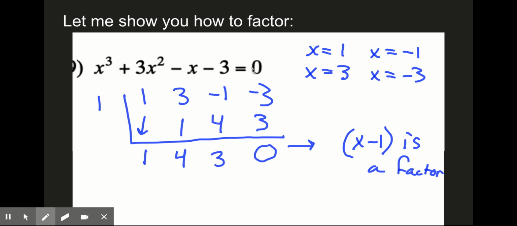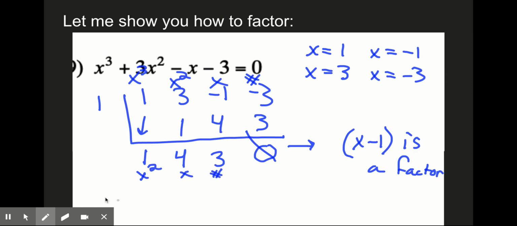And this is where things get interesting. We've factored this out, meaning we've removed an x, and I've now gone down a degree. And look at this. If I ignore the 0, because now it's gone, I've factored it out, I've gone from having a column for x to the third, x squared, x, and my constant, to a column for x squared, x, and my constant.